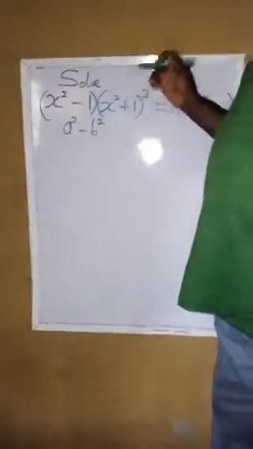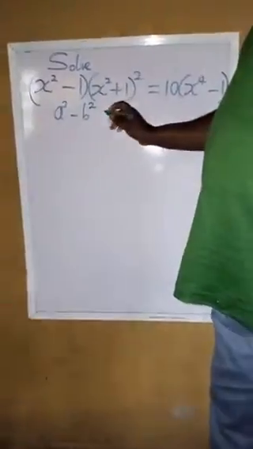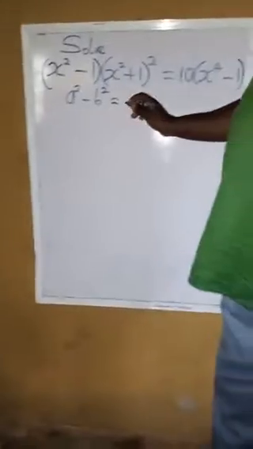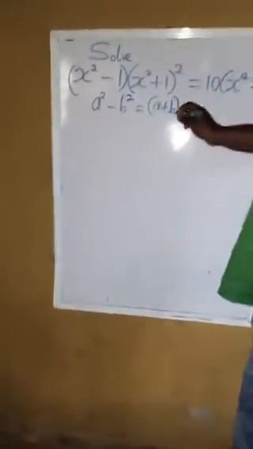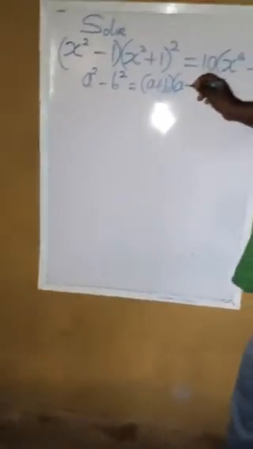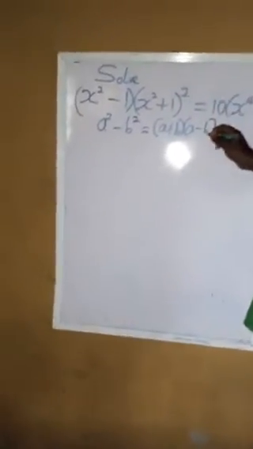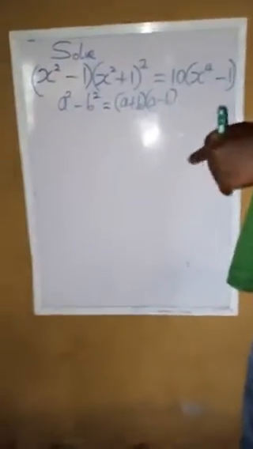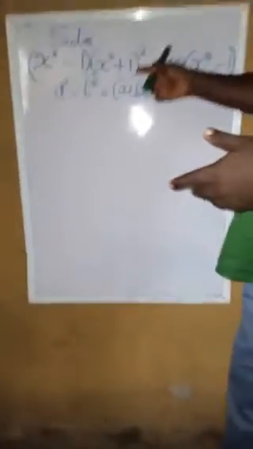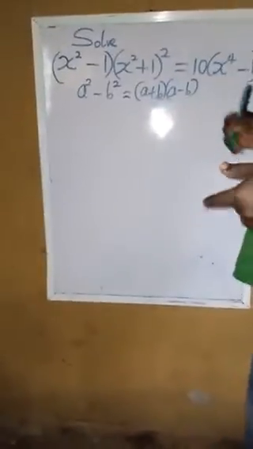A principle states that a squared minus b squared is the same thing as open bracket a plus b close bracket times another bracket a minus b. So any of these can come first. I might decide to write a minus b before a plus b.